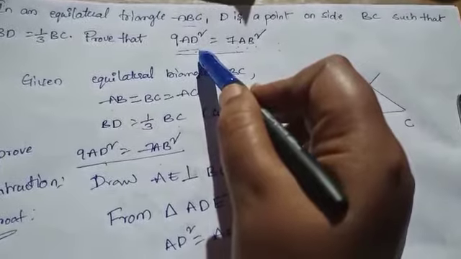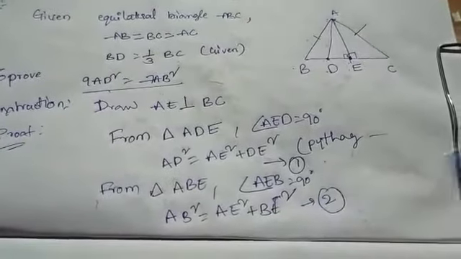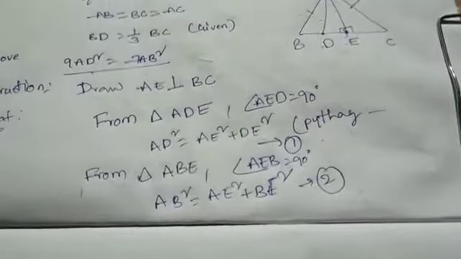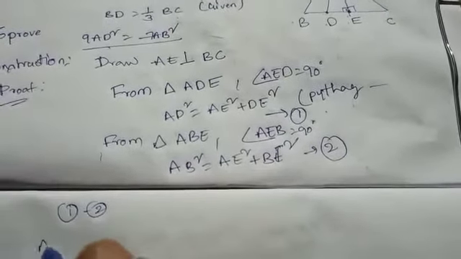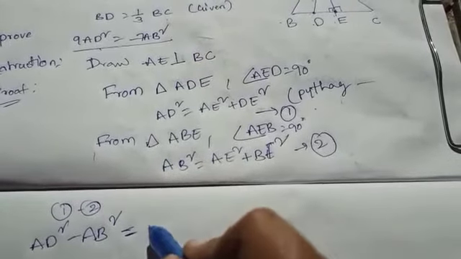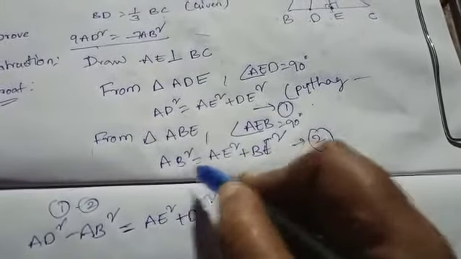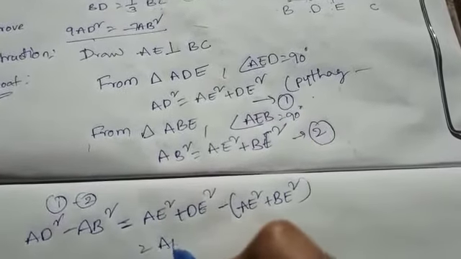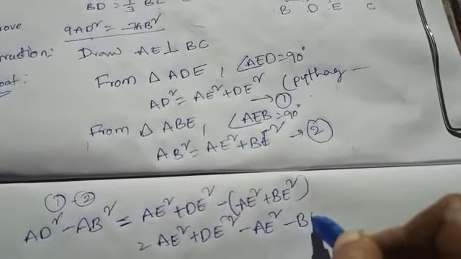So subtracting these two equations, 1 minus 2: AD square minus AB square equal to AE square plus DE square minus AE square minus BE square.